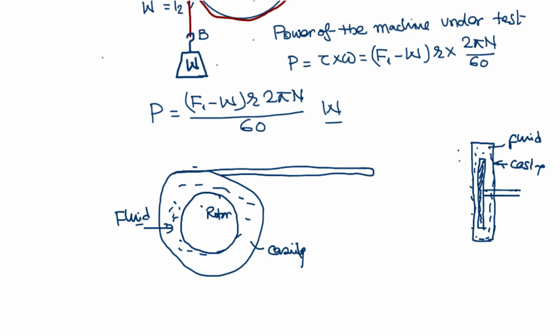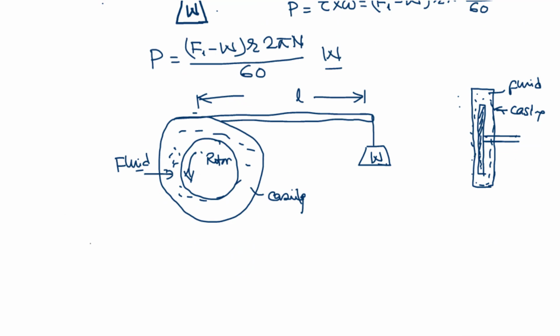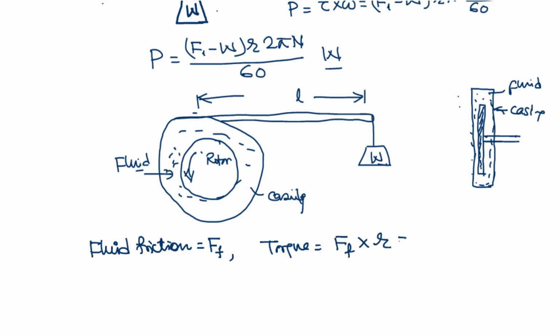Now the frictional force, which is fluid friction, as the rotor rotates in this direction, is balanced by the weight W at distance L. Then hydraulic friction or fluid friction equal to F, and torque equal to F into mean radius R. It is balanced by W into L. Then torque equal to W into L. Then power P equal to 2 pi n into torque W into L divided by 60.